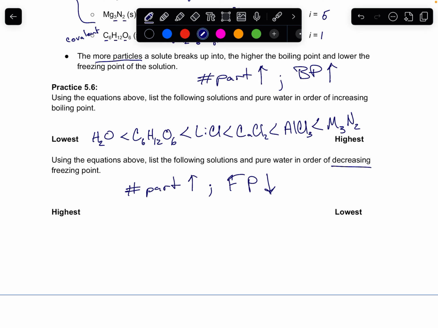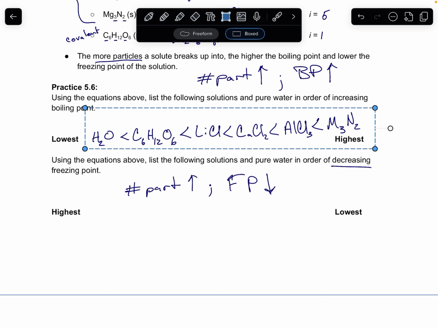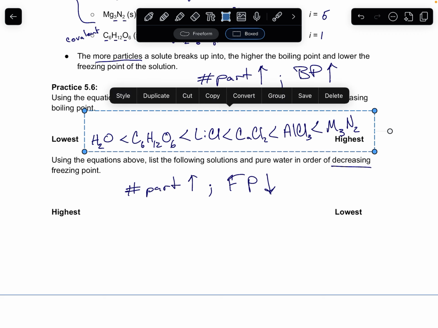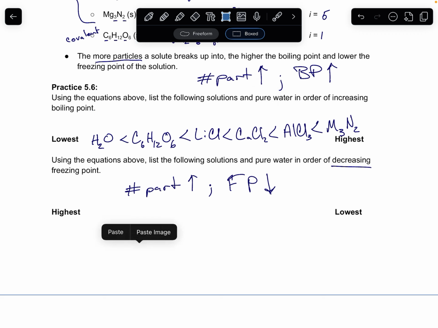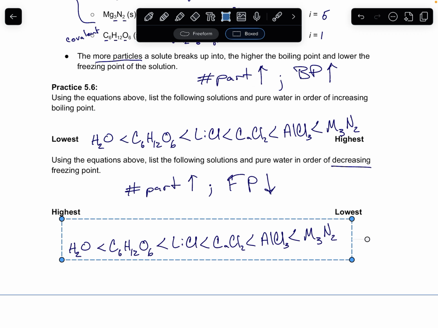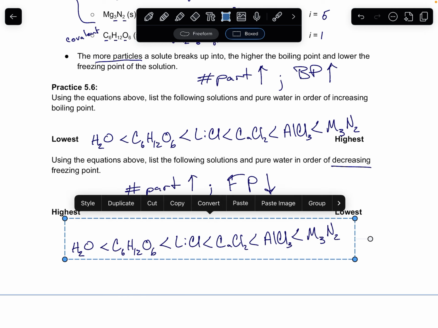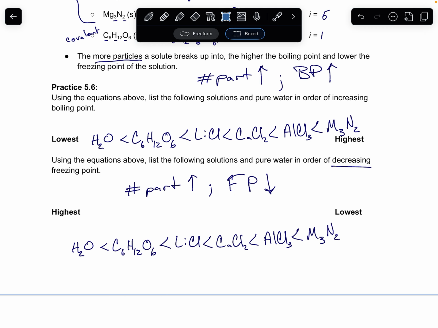The freezing point goes down with more particles. Okay, so if we're paying attention here, we're going to follow that same order that we were up here. So let me copy that, and I'm just going to paste down here.